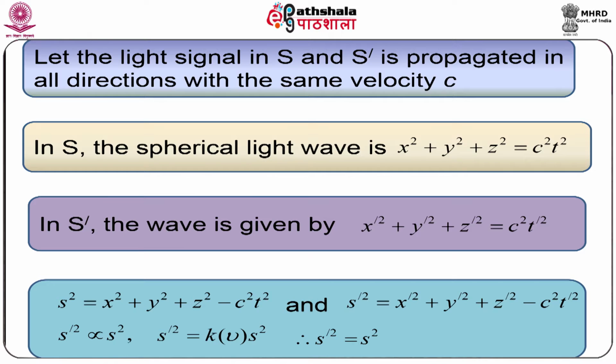That is, s' square equal to k function of v into s square. k is the constant of proportionality which depends on velocity v, as we already mentioned that S' frame is moving with respect to fixed frame S with uniform velocity v. Arguing as above, we can easily prove that k is equal to 1. So, this gives s' square equal to s square.